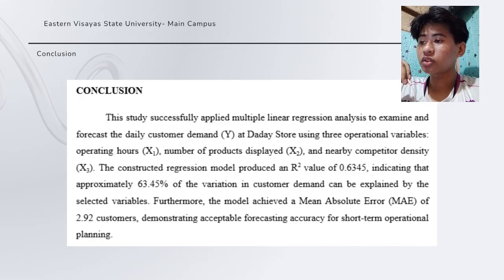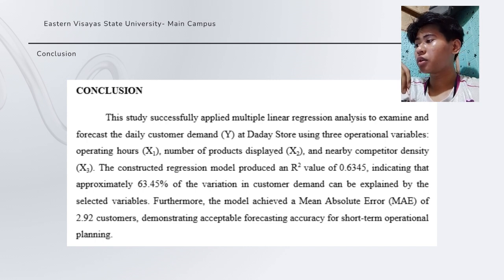The constructed regression model produced an R-squared value of 0.6345, indicating that approximately 63.45% of the variation in customer demand can be explained by the selected variables. Furthermore, the model achieved a mean absolute error, or MAE, of 2.92, or approximately 3 customers per day, demonstrating acceptable forecasting accuracy for short-term operational planning.